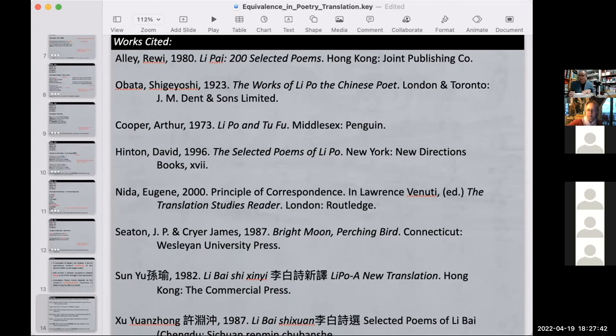So I can understand why it should sound more beautiful in Cantonese, but it's still in Mandarin.